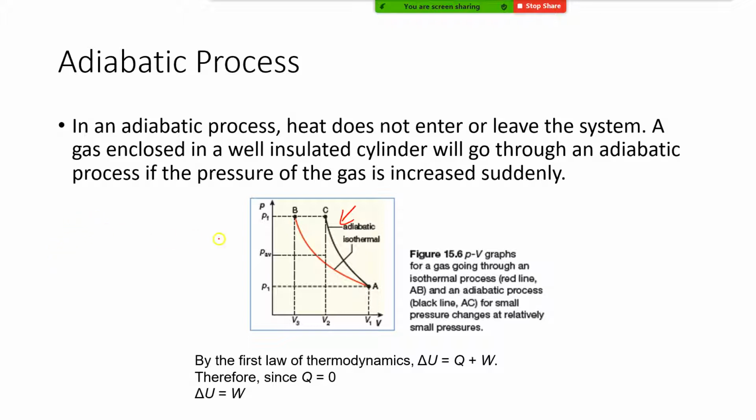And if I wanted to find the work that is done, I would have to find the area underneath the graph. When I say the area underneath the graph, I mean all of this region here. You would have to find the area underneath the graph to find out the overall work that is done, unless they state it to you.